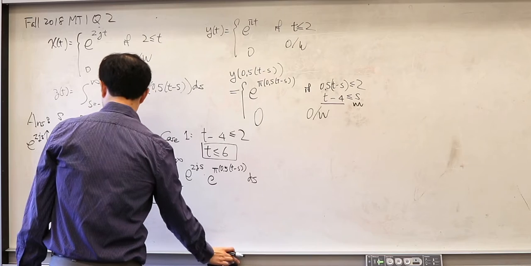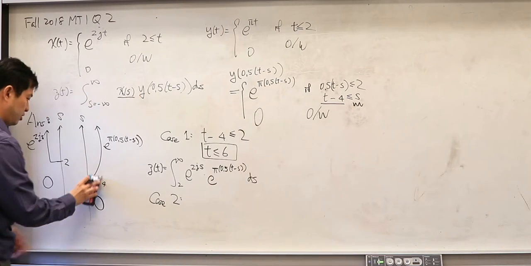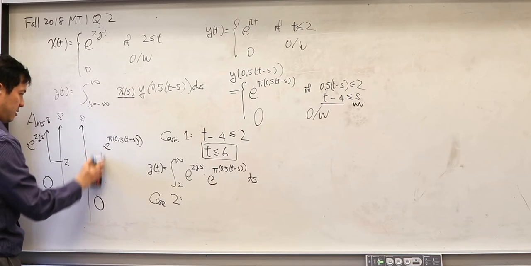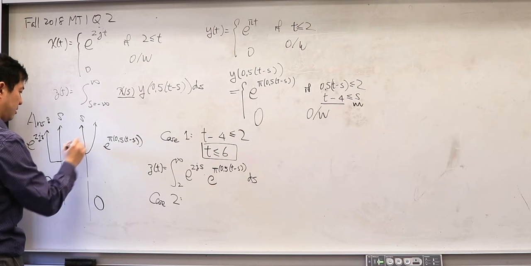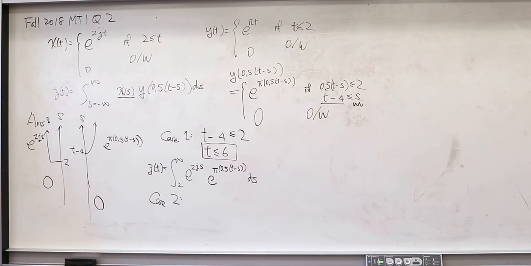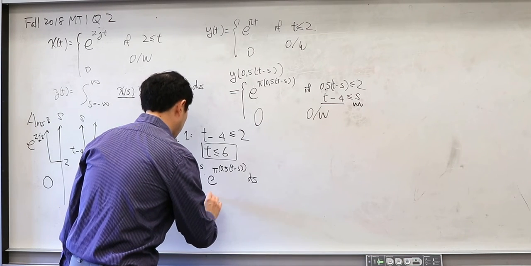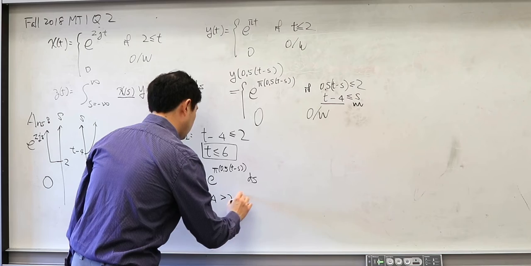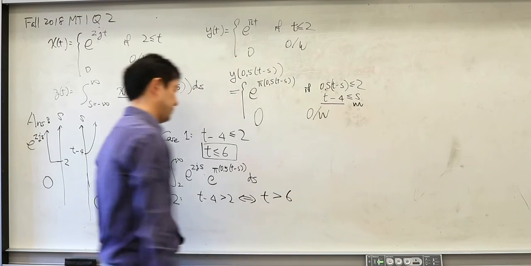Case 2 is when t minus 4 is now getting larger. How large is it? It is now larger than 2. That's the second case. For this case, t minus 4 is larger than 2, or equivalently, t is larger than 6.